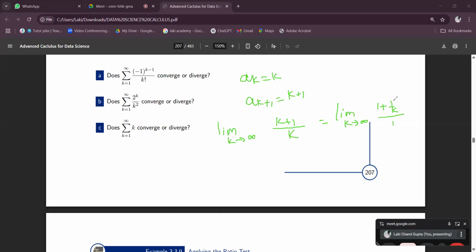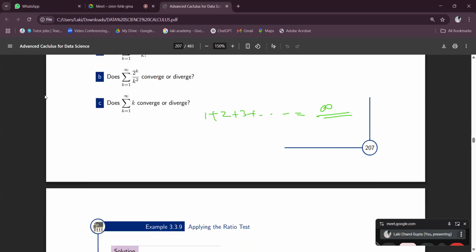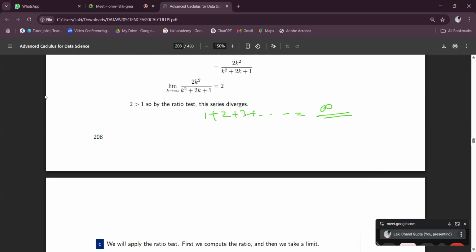When you put the k, you can do it directly. Put 1, 2, 3, right? Yes.